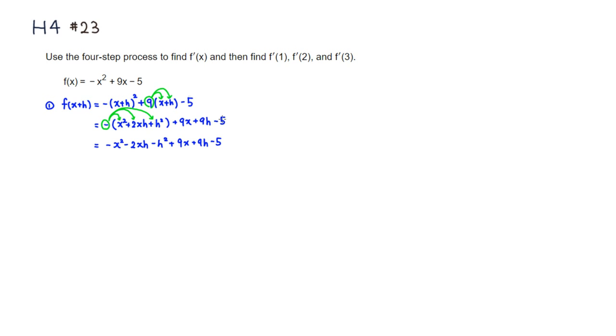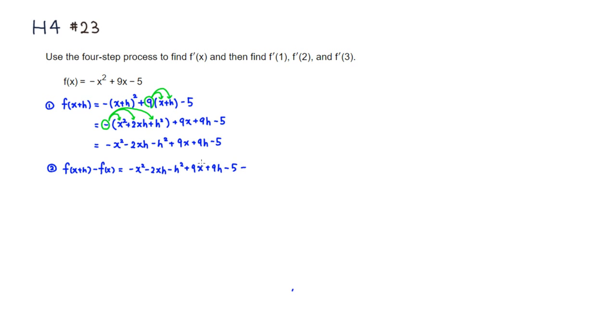And the second step would be we need to compute the difference between f of x plus h and f of x. So I'm going to just copy all the terms here from step 1: negative x squared minus 2xh minus h squared plus 9x plus 9h minus 5.